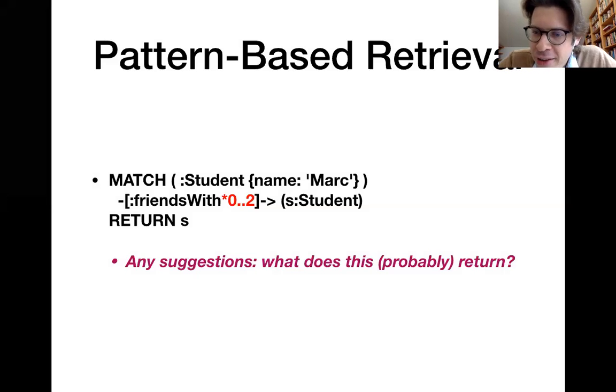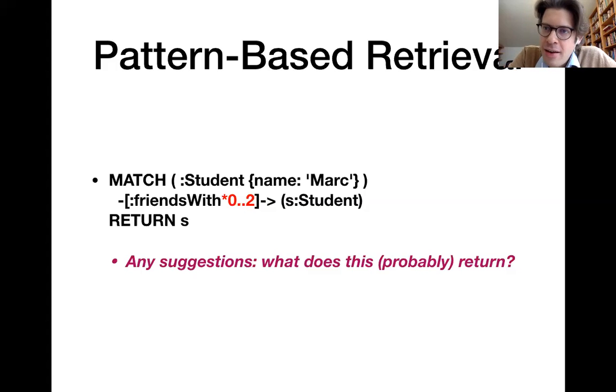Okay, one proposition is a student friends at 3 edges away from Mark. Yeah, that would be a possibility. So here definitely we are accepting multiple friend relationships in between the nodes that we are interested in.